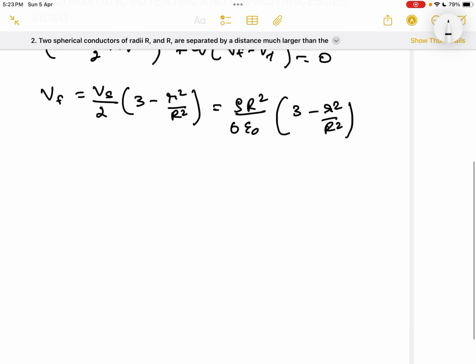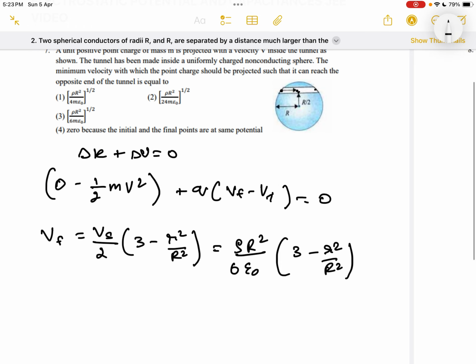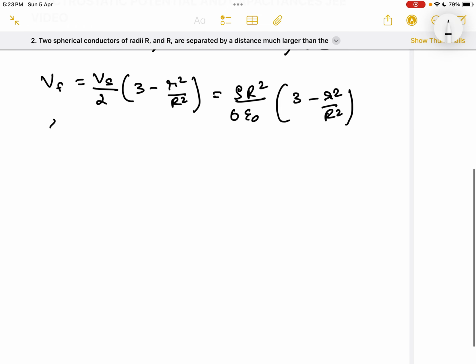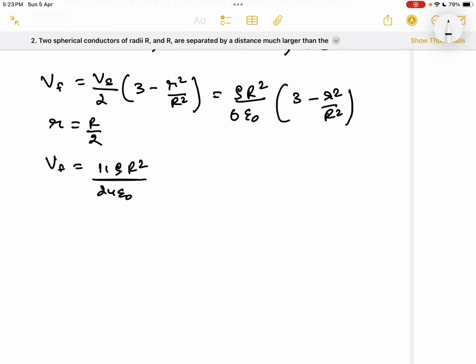Well, now we know that small r, given in the question, is R by 2. Let me substitute that. The final potential Vf would now become equal to 11 rho R square divided by 24 epsilon naught. And the initial potential at the surface would be rho R square divided by 3 epsilon naught.